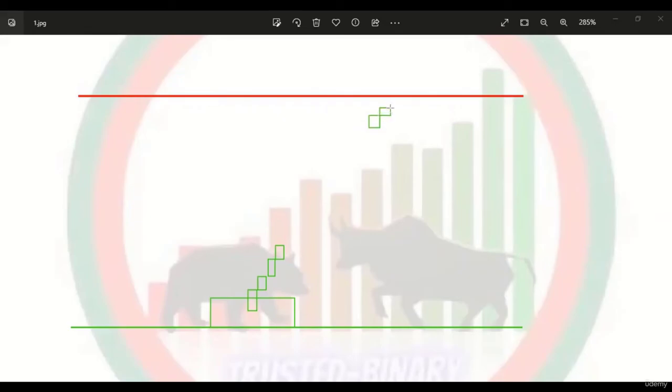So same thing. I'm just explaining here from the buyer side. You have to take the same situation from the seller side also. Here, a downtrend market.